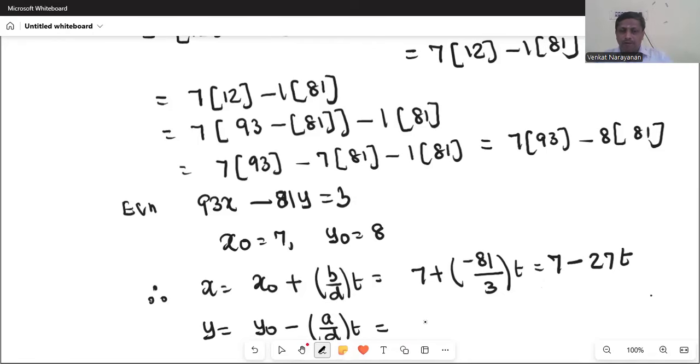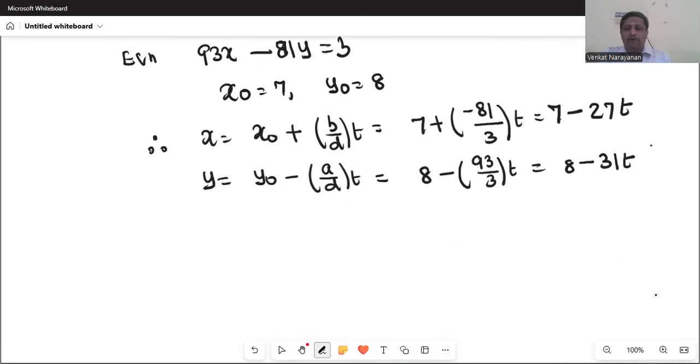This can be written as y is 8 minus 93 by 3 times t. That is 8 minus 31t. Therefore, the solutions for the problem are x equal to 7 minus 27t and y equal to 8 minus 31t.